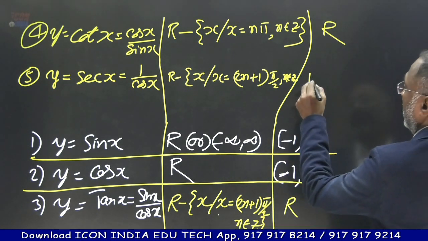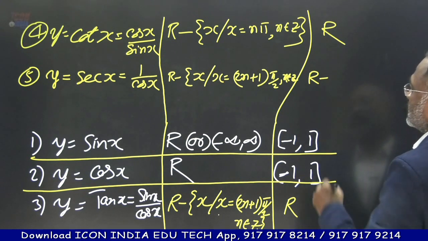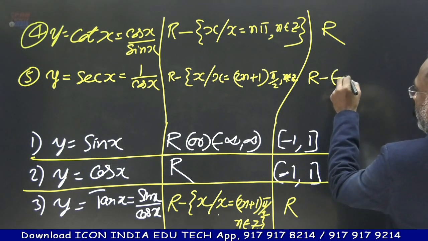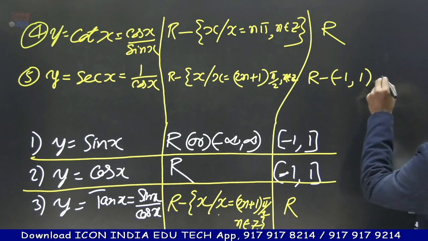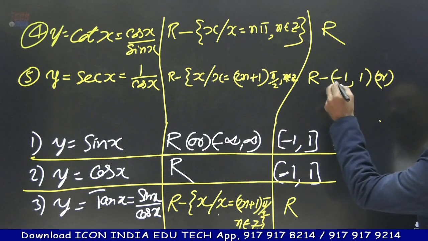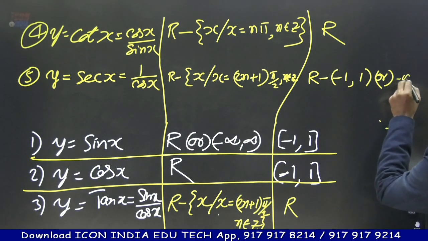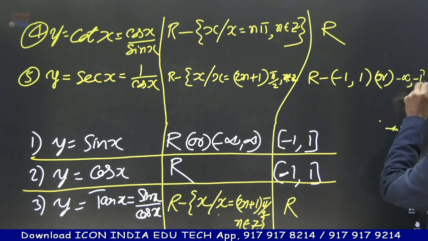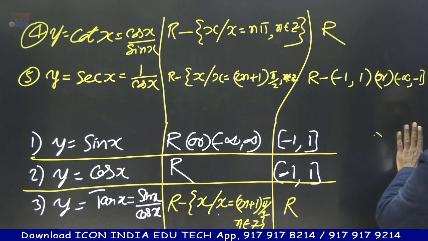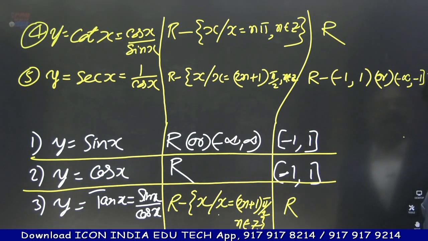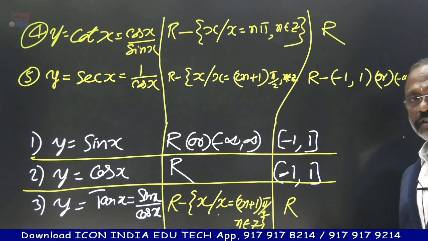That means we have to subtract this part from the real numbers, or for your better understanding, it can also be written as minus infinity to minus 1, closed, union 1 to infinity. That means it won't take the values lying between minus 1 and plus 1.